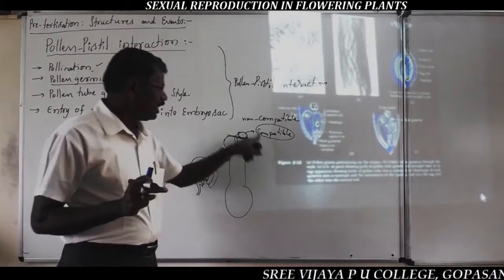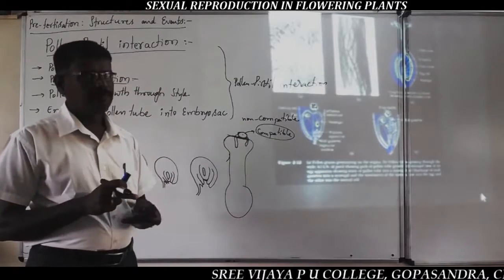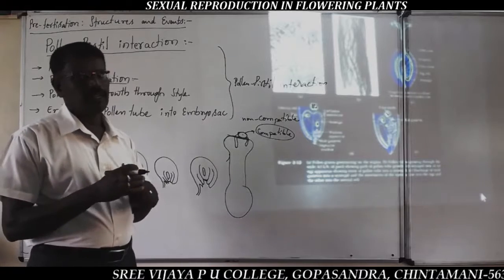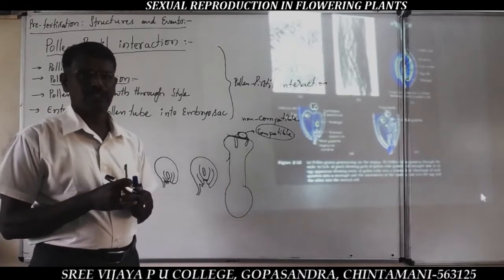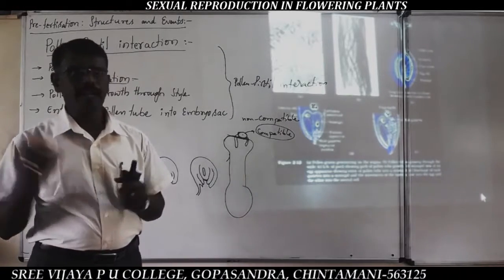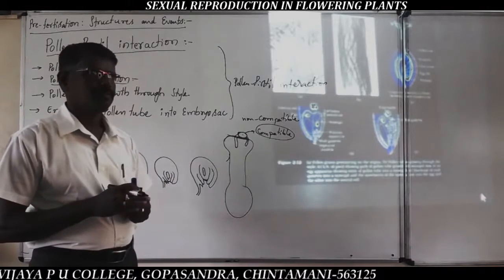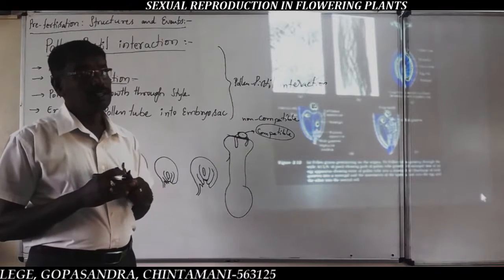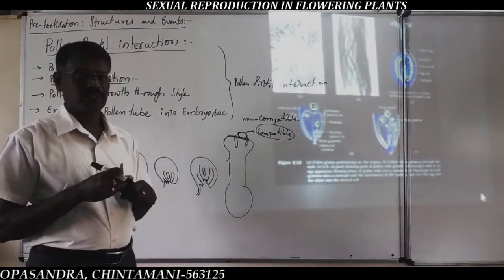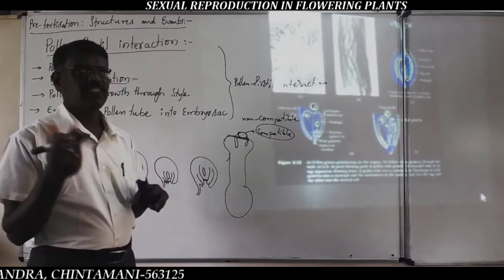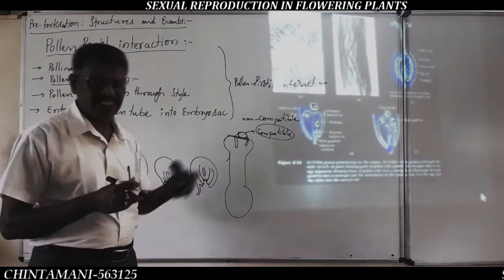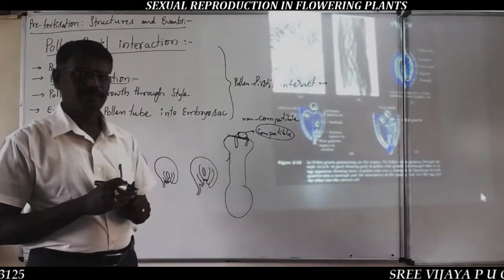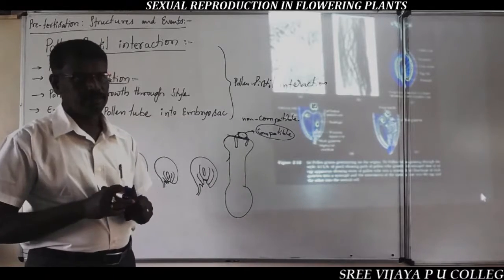If the pollen grain is non-compatible, the stigmatic surface rejects it. Compatibility means the pollen grain is of the same species, whether from another plant or the same plant. Non-compatible means the pollen grain is of another species that has fallen on the stigma.